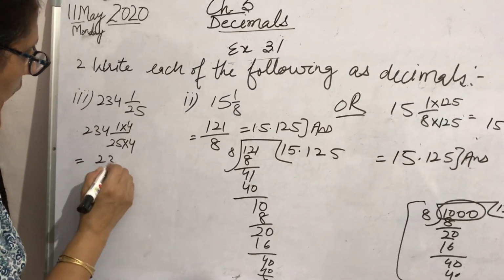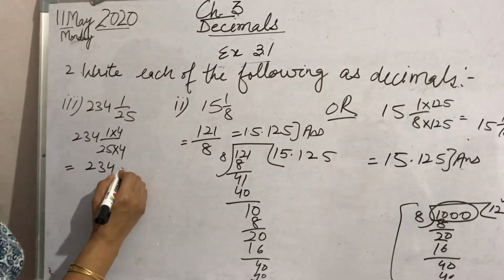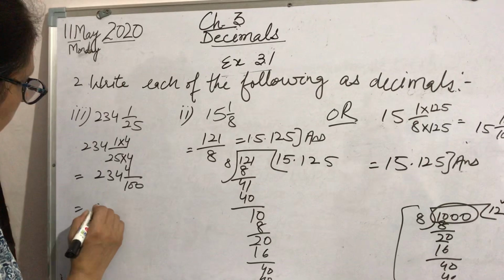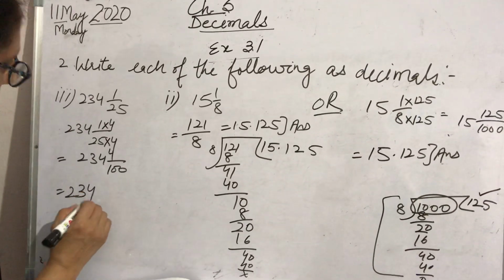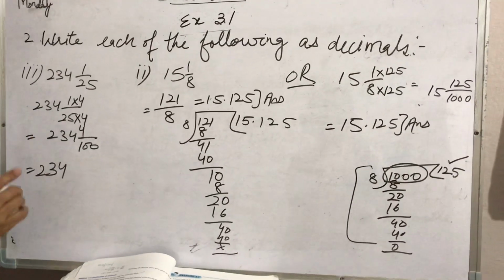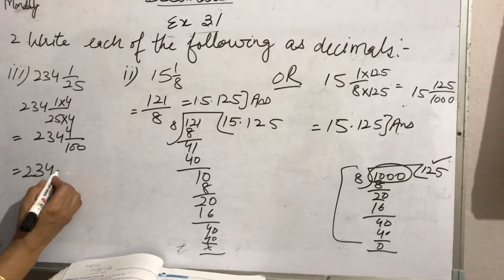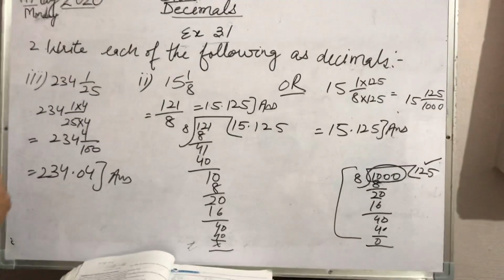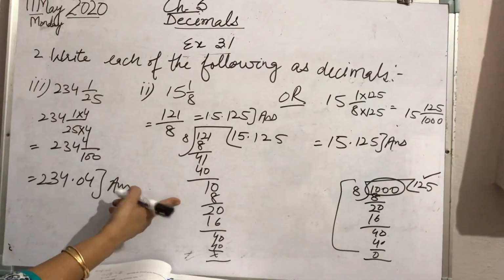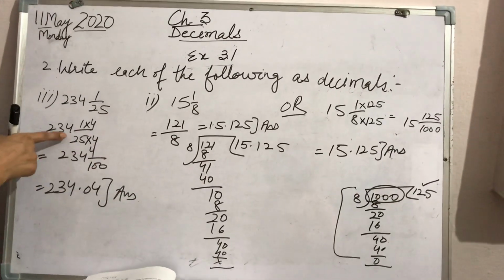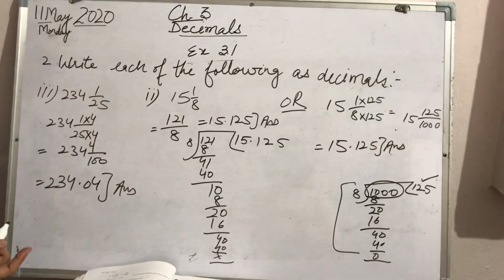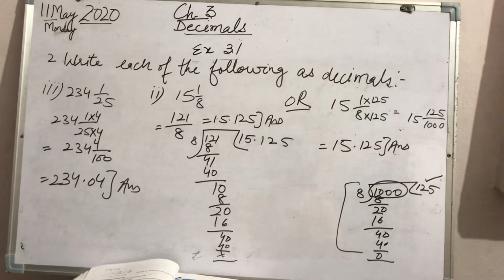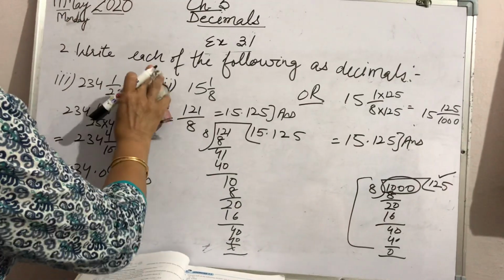So 234 whole 4 upon 100, 234. Now 2 zeros are there, so there should be 2 digits in the decimal part. 0, 4. This is the answer. If you find this method easy, use it; otherwise convert into an improper fraction and then divide. You can follow any method.